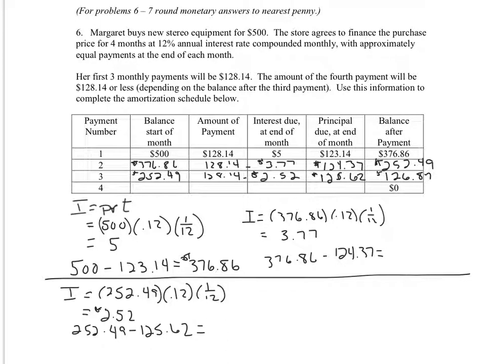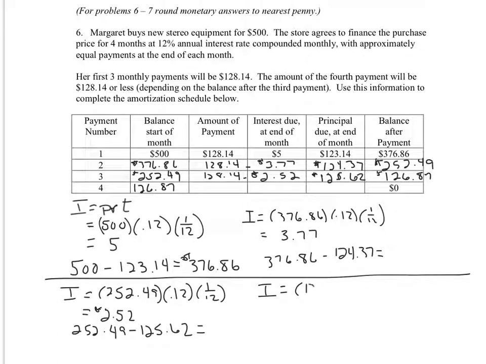$126.87. Now you may be thinking, well, that's got to be the last payment. No, because if I'm not going to pay it until the end of the month, I'm going to have to pay interest on that amount. Now, before I write in the amount of this payment, I need to see on that $126.87 how much of that would end up needing to be paid in interest.